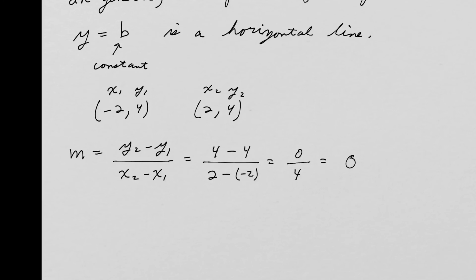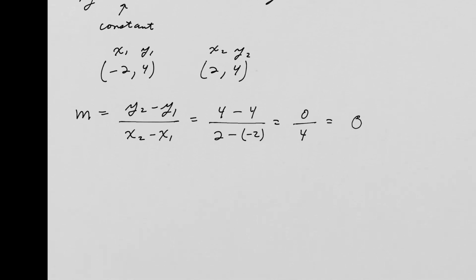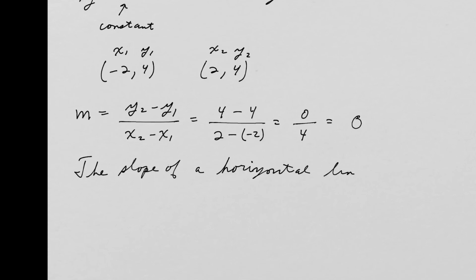So we found basically that the slope of a horizontal line is always going to be 0.